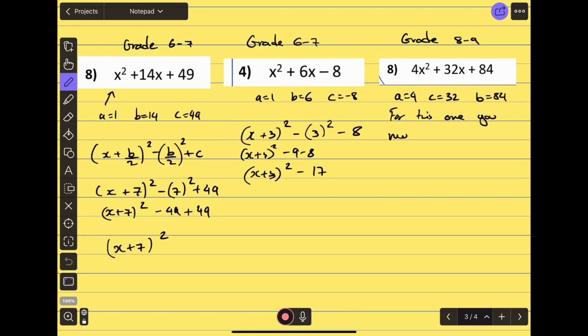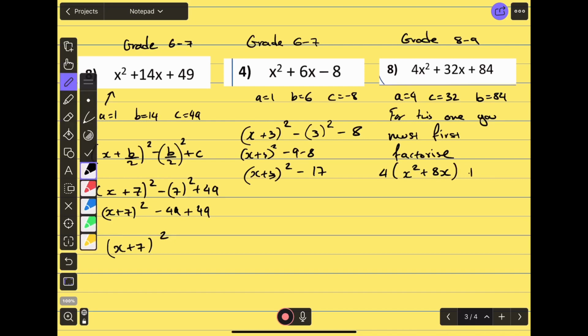Now, for this question, you first need to factorize, because it's a lot easier to complete the square where your coefficient is 1 for a. So I'm going to factorize, we're going to put 4 outside the bracket, x squared plus 8x, close your bracket, and put plus 84 on the outside. So we're not going to worry about that 84 till later on.